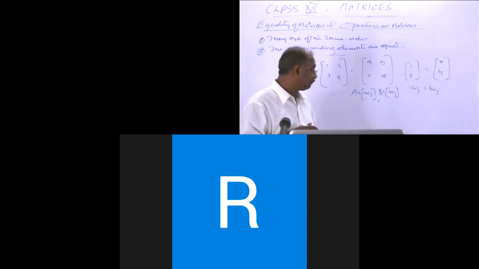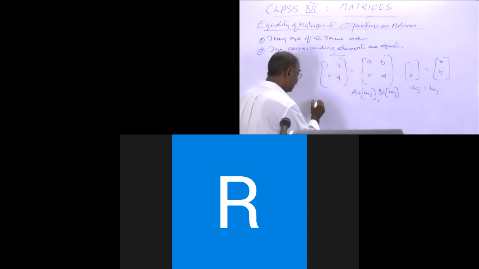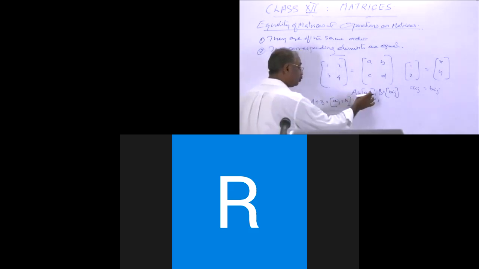The sum is defined as A plus B, which is equal to the matrix obtained by adding the corresponding elements of these two matrices.